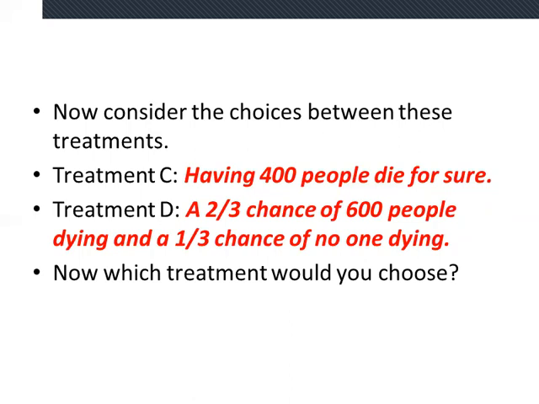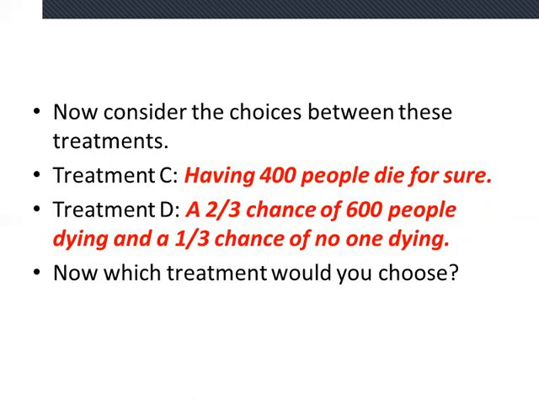So both statements seem to be negative because both speak about the possibility of persons dying despite the treatment. Treatment C says that having 400 people die for sure, but treatment D puts the same thing in a very polished way: a two-third chance of 600 people dying and a one-third chance of no one dying.